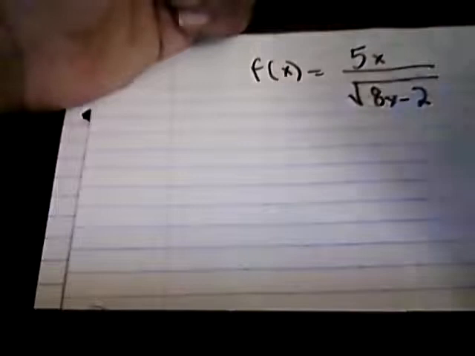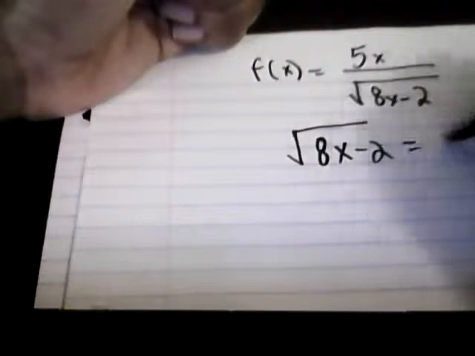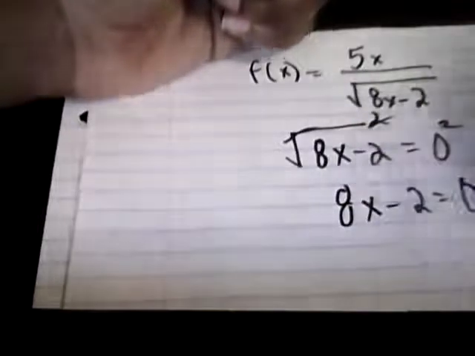So in order to determine where the function is continuous, we have to set the denominator equal to 0. So we have to square both sides. We have to get rid of that radical. Then we have 8x minus 2.